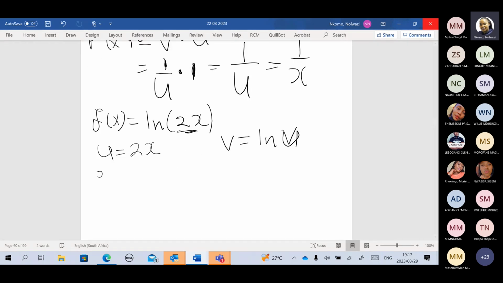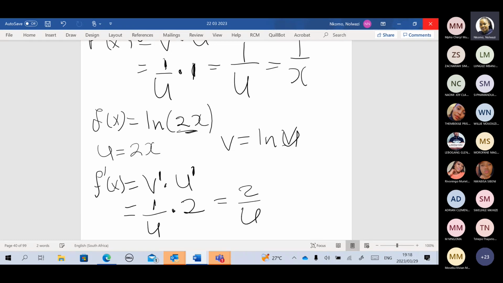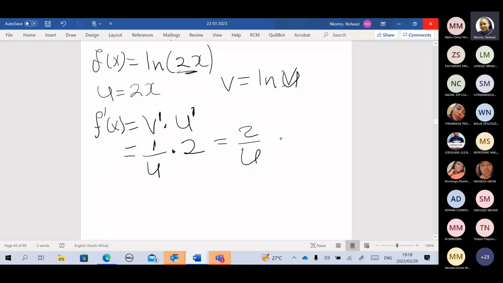So we have ln u, and our f prime at x would be v prime, the derivative of the outer function, times u prime, the derivative of the inner function. If you differentiate ln u, you get 1 over u, right? Times, if you differentiate 2x, you get 2, right? And this means you have 2 over u, but we said u is equal to 2x. So if we substitute back u, we have 2 over 2x, which is 1 over x, right?